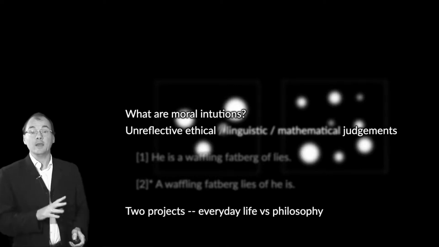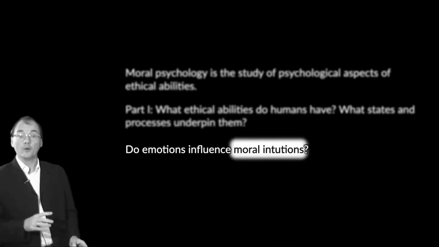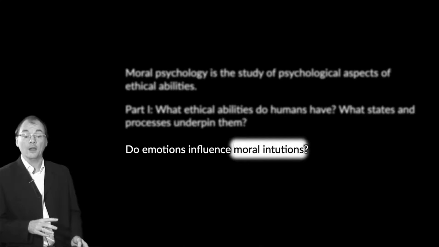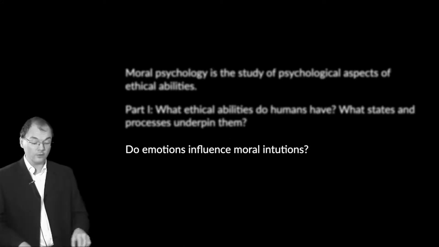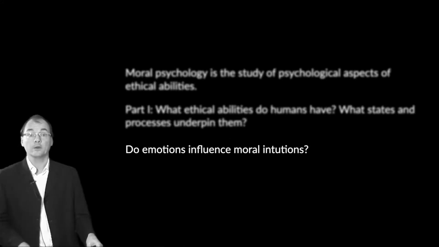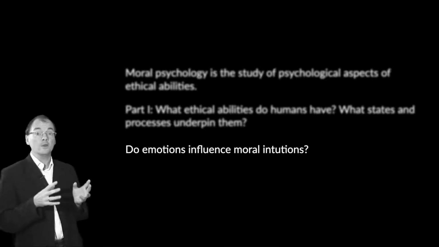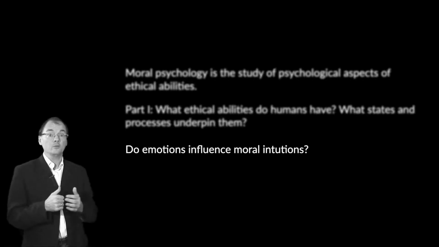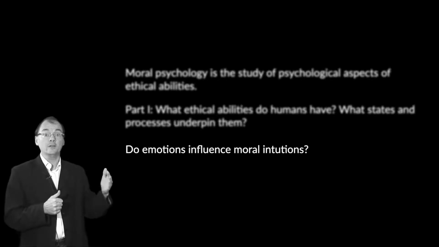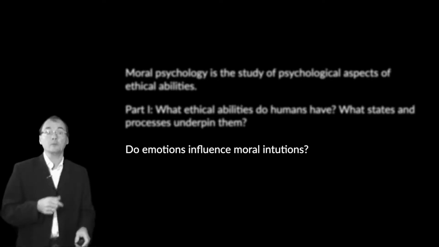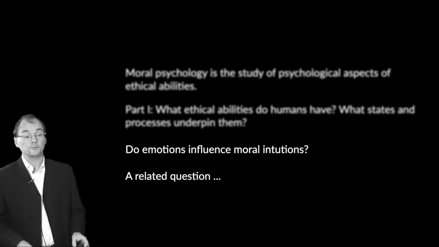Very good. So we have a first pass understanding of what the moral intuitions are. Our question is, do emotions influence them? Now, to see why that question is significant, I actually want to introduce you to a different question, one which is based on a distinction between computing and tracking.